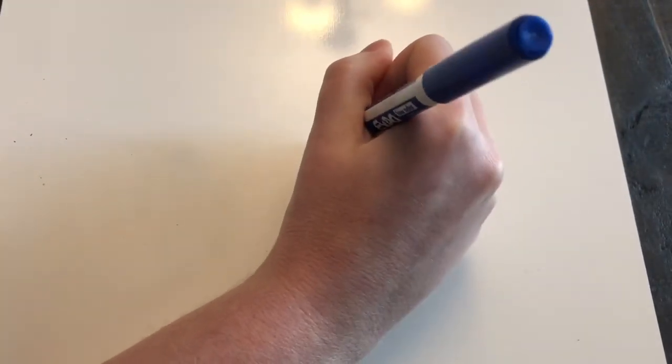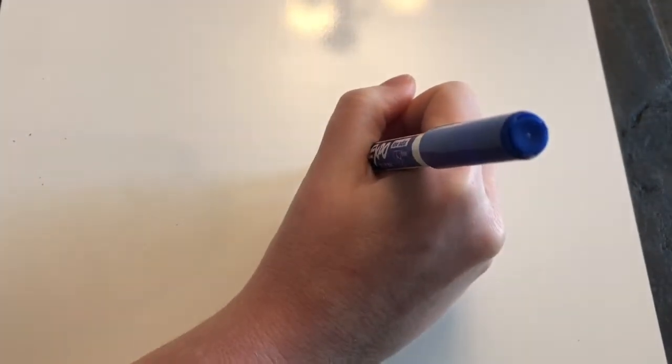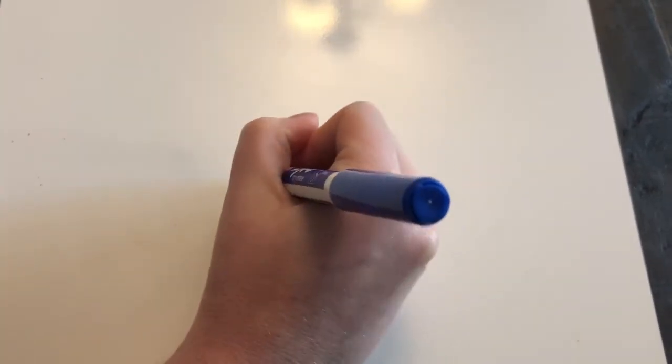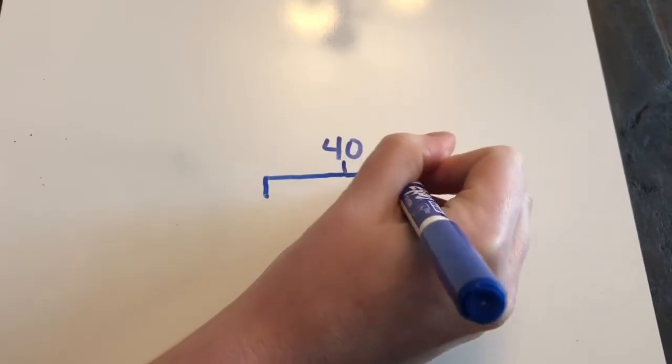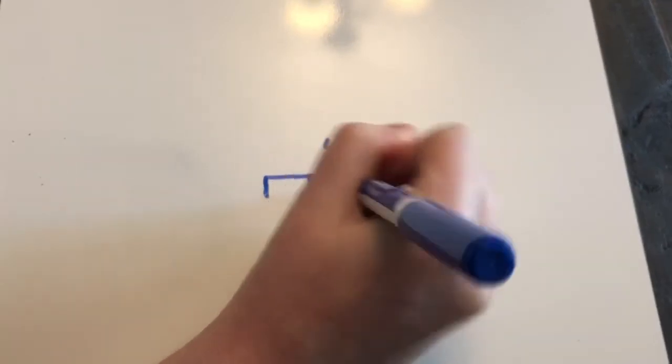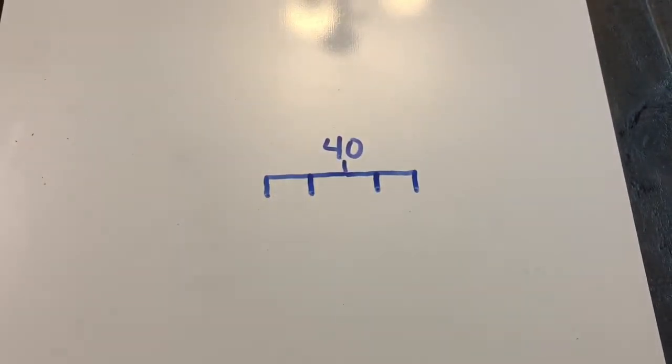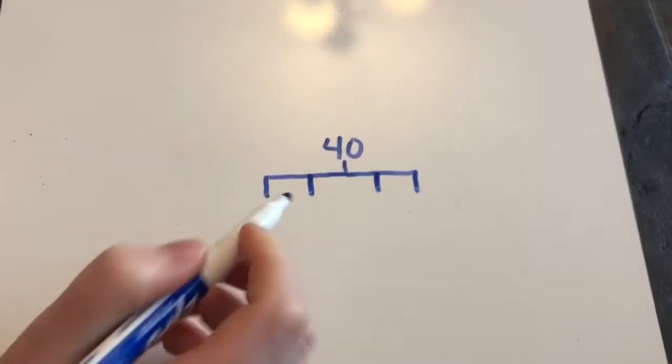For example, I could take that same number 40, and instead of splitting it into 2, I could make it into 4 little branches. And again, in order for this to balance, each of these would need to be 10.